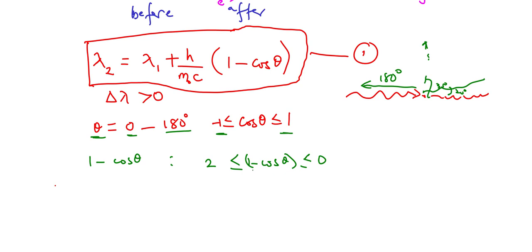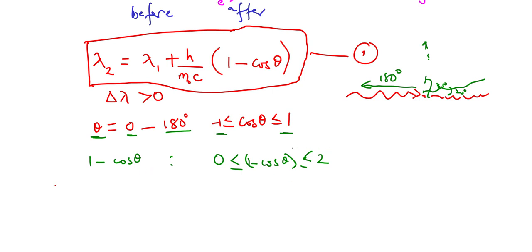So the range of values is between 0 and 2. Those are the range of values that 1 minus cos theta can have.